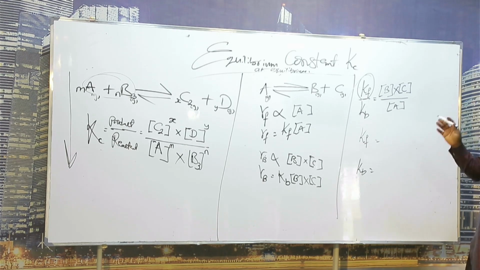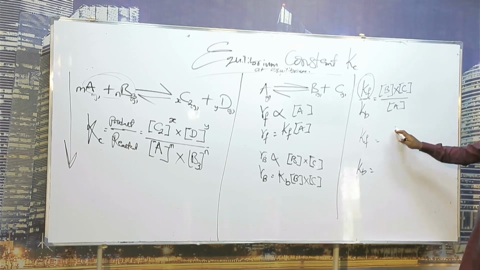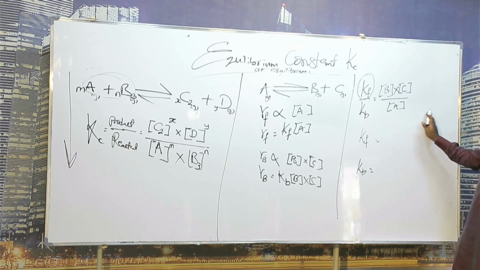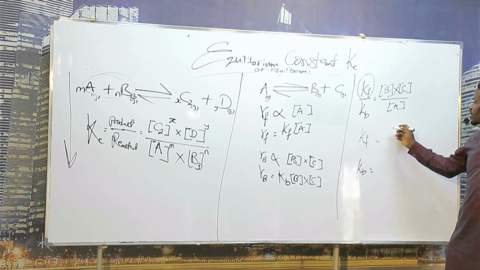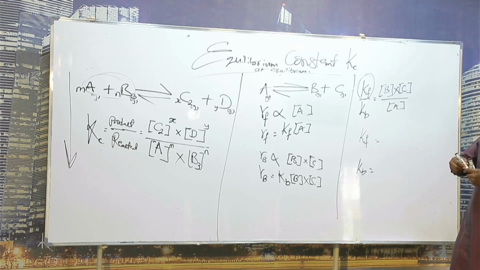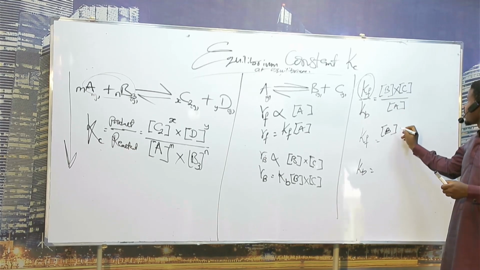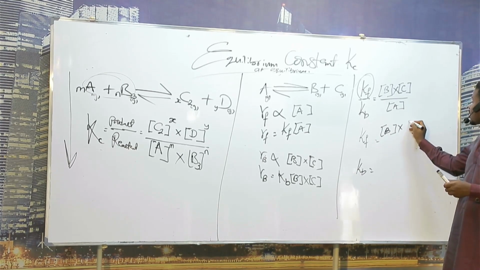The equilibrium constant for the forward reaction is going to be the same thing with this. It's going to be B times what?